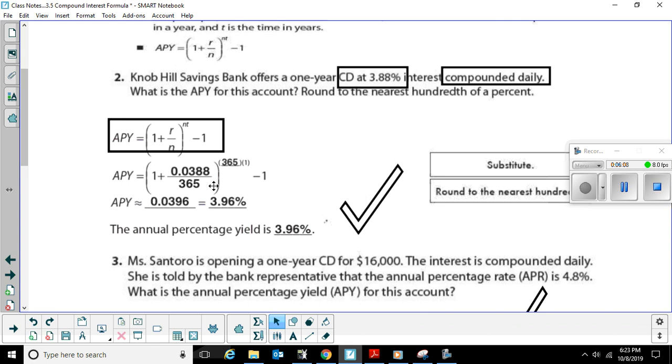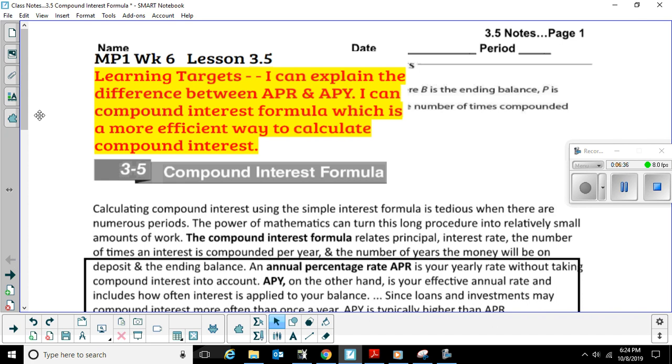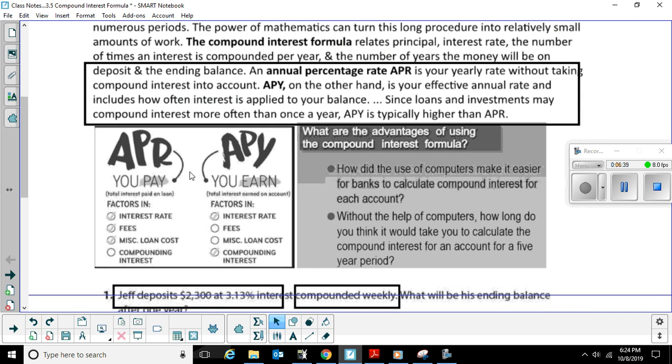I do the power of the number, and I get an effective percentage of 3.96%. So my annual percentage yield is 3.96%. Again, APY is generally thought about more when you're earning or investing money, and APR is when you're borrowing money.